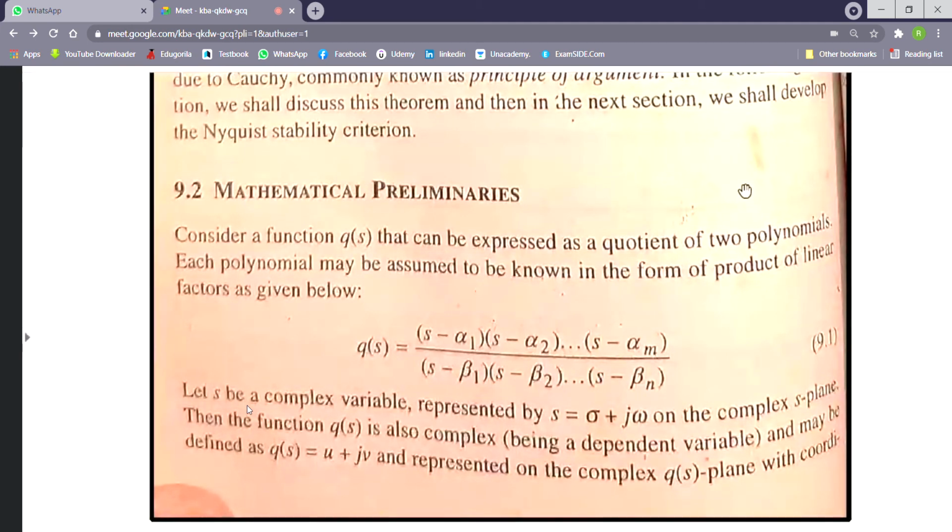For a particular value of S on the S plane, we'll get a point on the Q(S) plane. Or in other words, this Q(S) is the mapping function with the help of which a point on the S plane is mapped onto a point on the Q(S) plane.